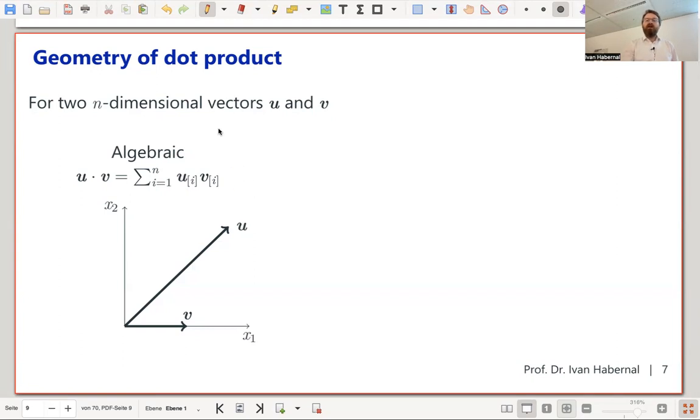Okay, cool. We also have a geometric expression for the dot product. Anyone remembers the geometric expression for the dot product? Because we have 2 vectors and there's an angle which I call theta. So if I know these 2 vectors and I know theta, there is something special about the dot product as well. Anyone remembers that?